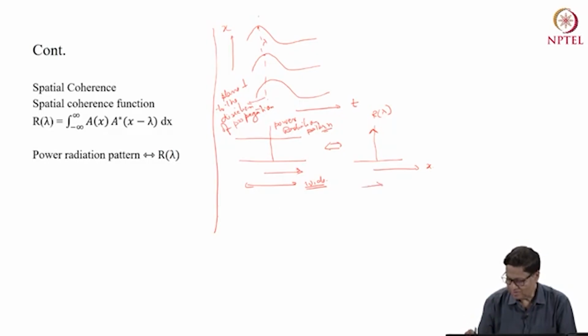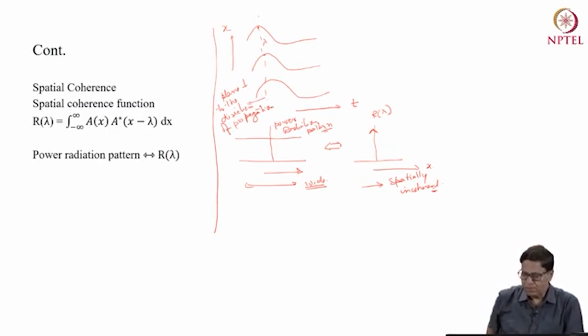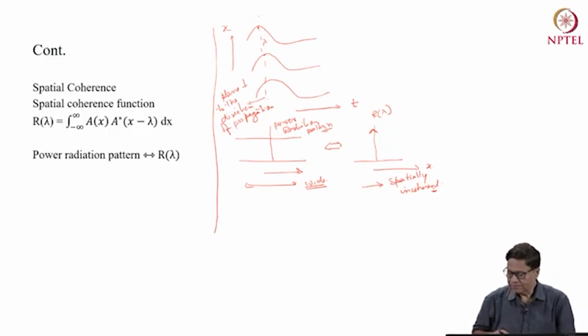So this kind of source is actually spatially incoherent, because in some cases we want the power to be directional, and we don't want that power to be spread in all the directions.